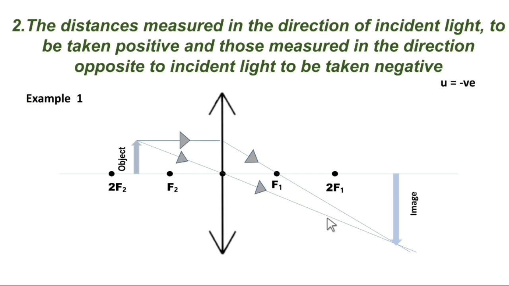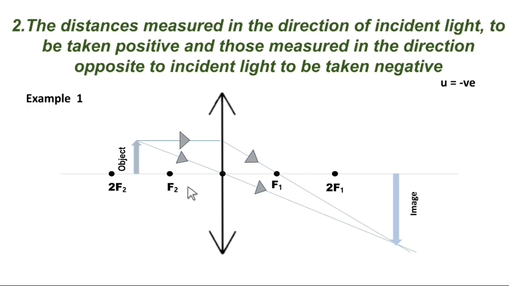In the same way, first focal length and first radius of curvature are also measured in the direction of incident ray, so they are positive. Second focal length and second radius of curvature are measured in the direction opposite to the incident direction, so they are negative.